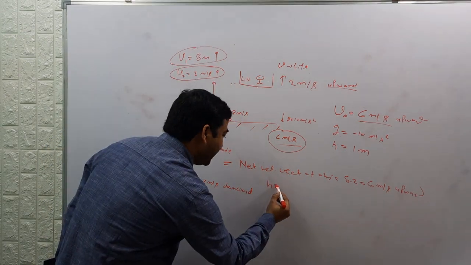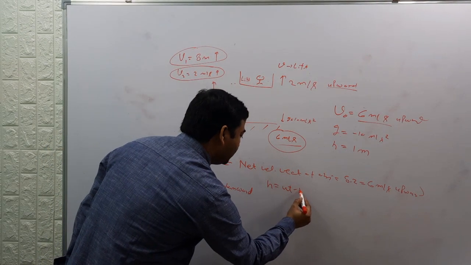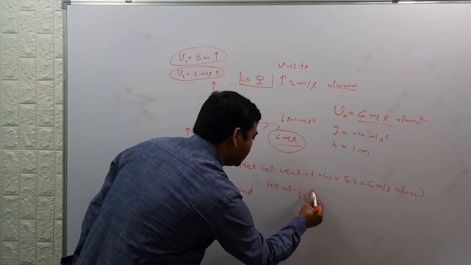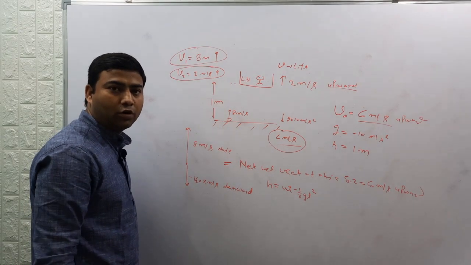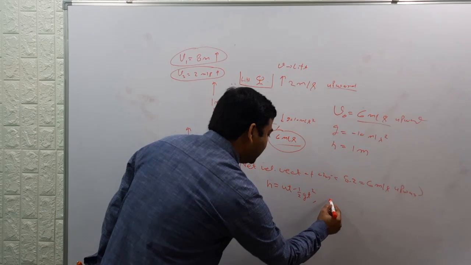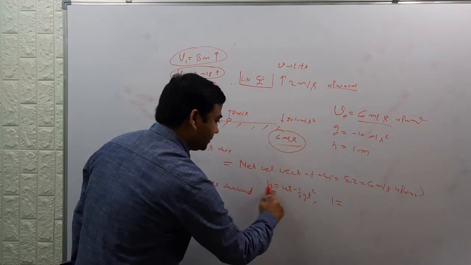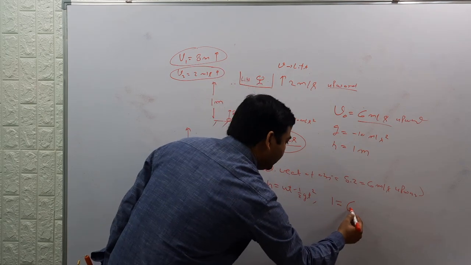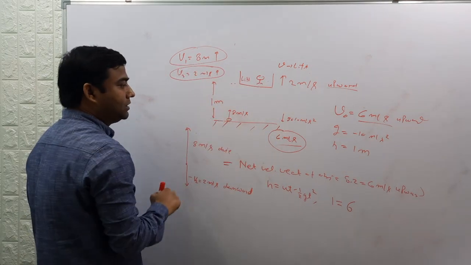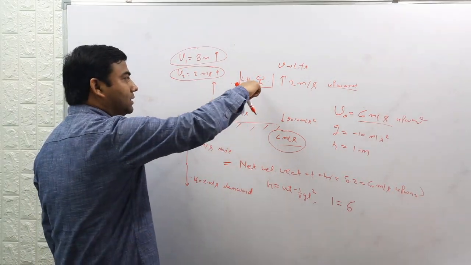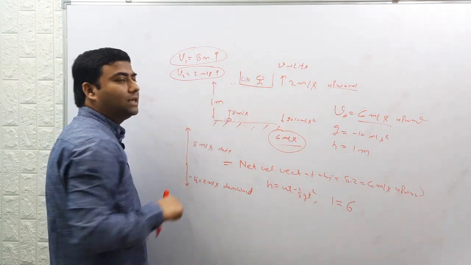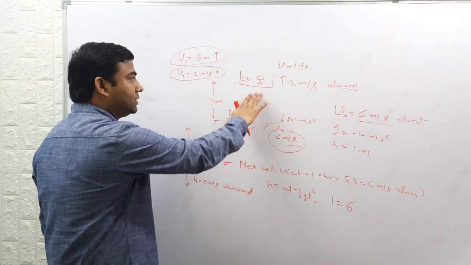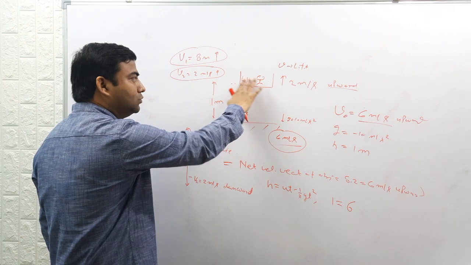So we know that H is equal to ut minus half gt square from Newton's law of motion. So here 1 is equal to u, the initial velocity, which is 6 meters per second. We will take it 6, not 8, because we have shifted inside the lift, which is a moving frame.